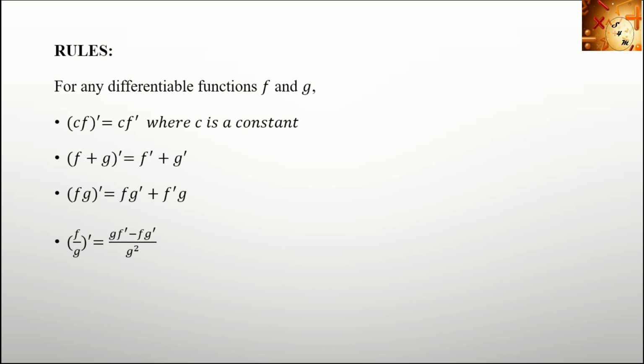Derivative of f into g equal to f g dash plus f dash g, which is the product rule. And f by g dash is equal to g f dash minus f g dash divided by g square, which is the quotient rule. These are the basic properties of derivative, already studied in real valued functions.